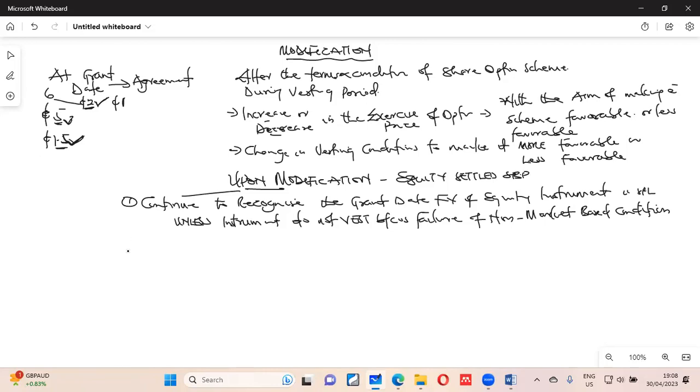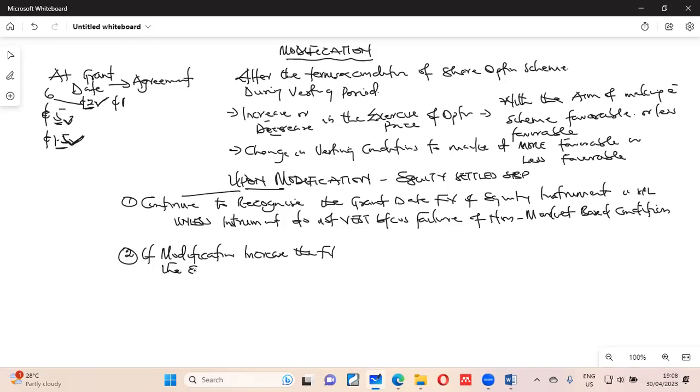Then the modification part, that small part of the modification. If the modification increases the fair value, then what do you do? The extra that is on top.